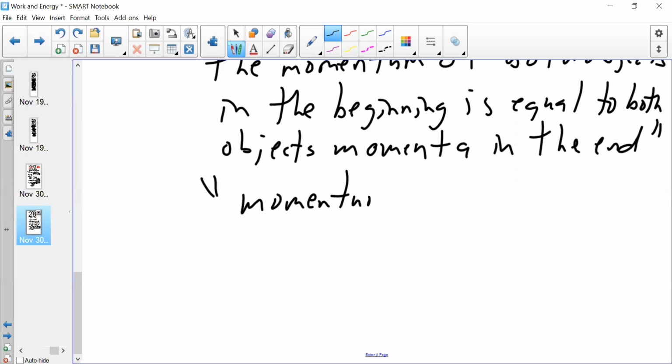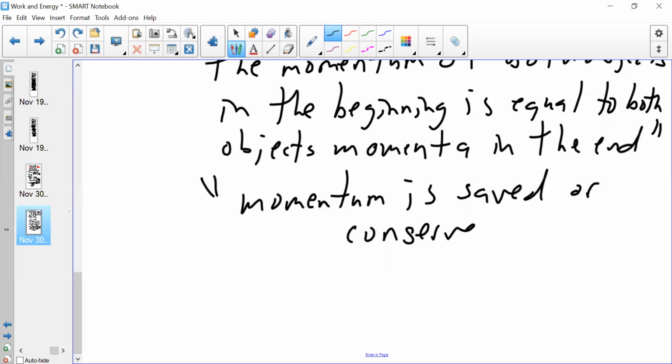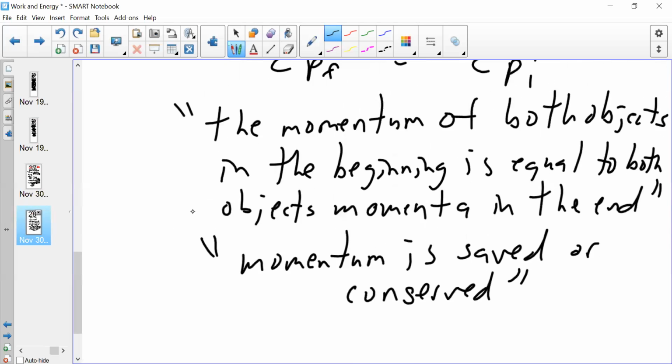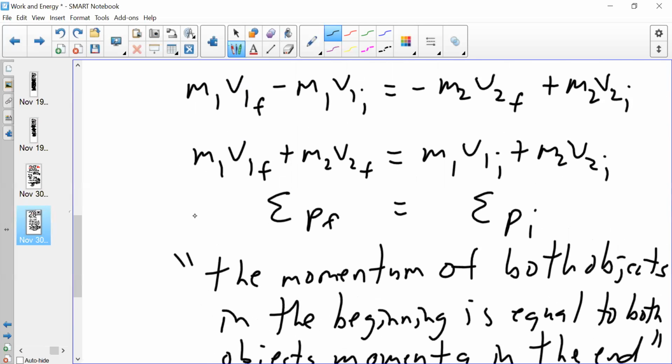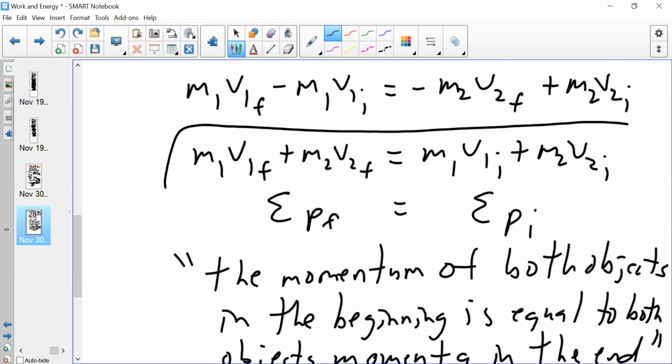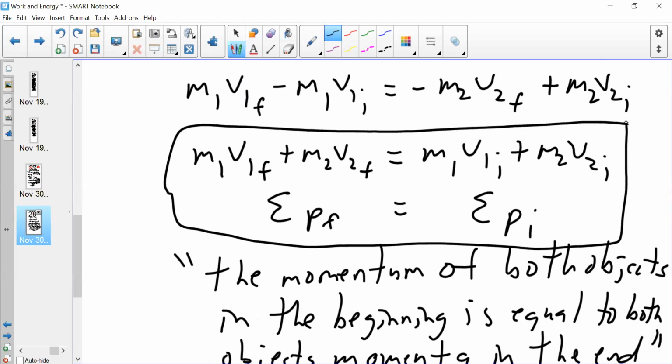Momentum is saved or conserved, whichever you wish to say. It's the same thing. So no change in the momentum. The momentum is conserved. Conservation of momentum equation laid out here.